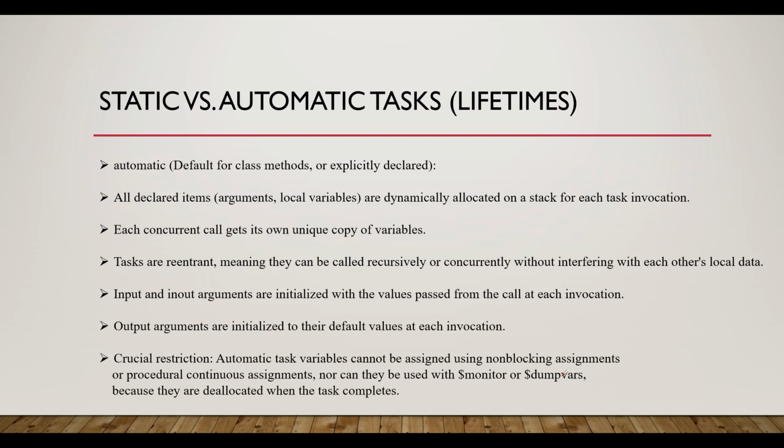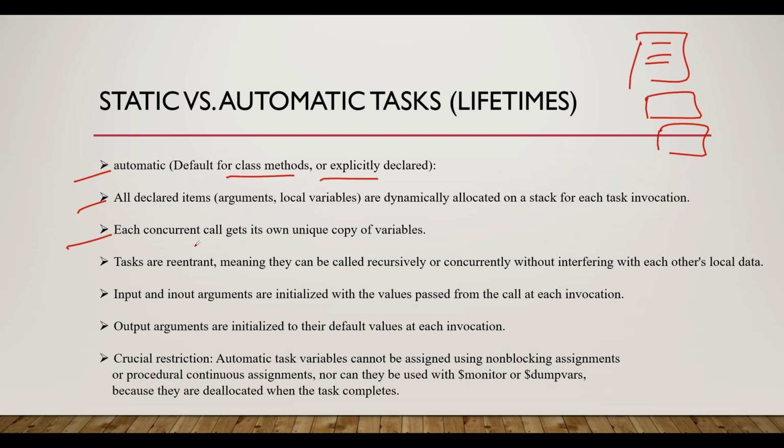Now let's see automatic. Whenever you write your task inside a class method or explicitly declare it automatic, it is automatic in nature. All declared items are allocated on a stack for each task invocation. In static, all invocations share a common memory location, but here you get individual memory for each invocation.